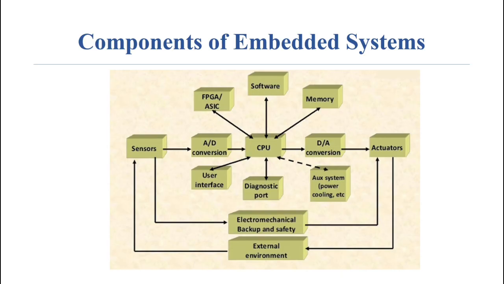And here we can see the components of embedded systems. CPU means the central processing unit. It processes the data from various devices, and it sends and stores the information. Memory is used to store the data. FPGA means field programmable gate arrays. A/D means analog to digital conversion. Sensors take the input of a physical quantity and give the output in the form of electrical signals.